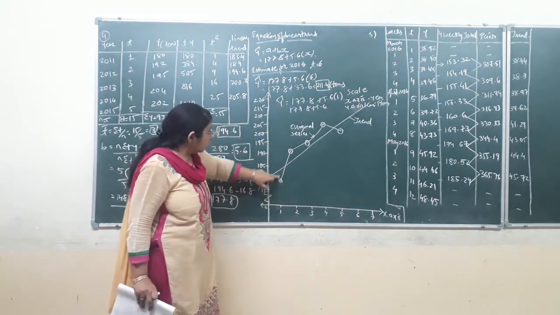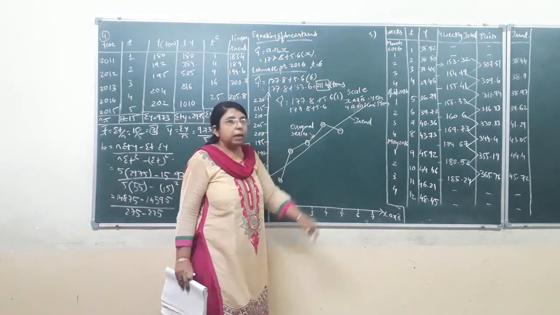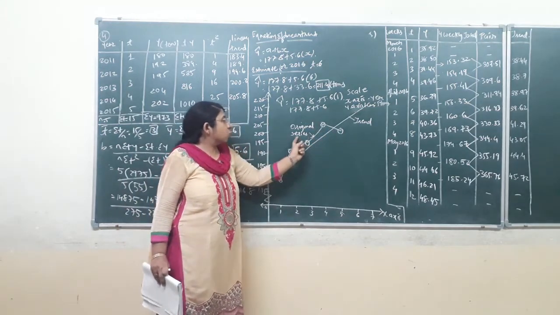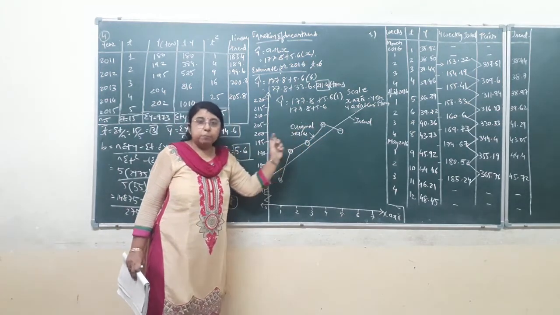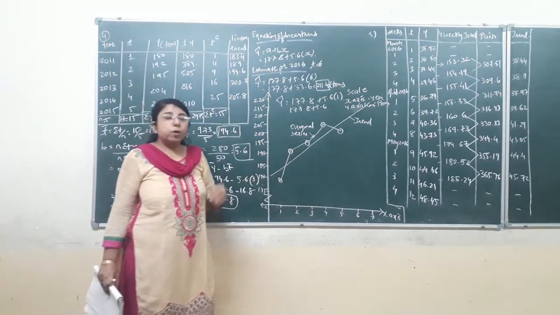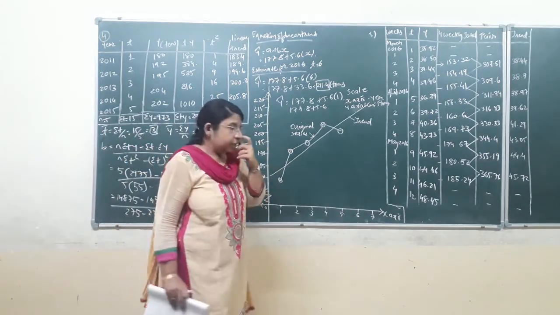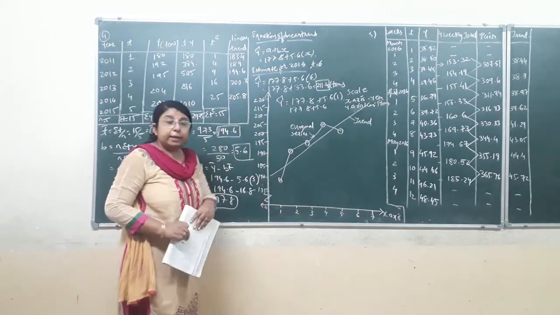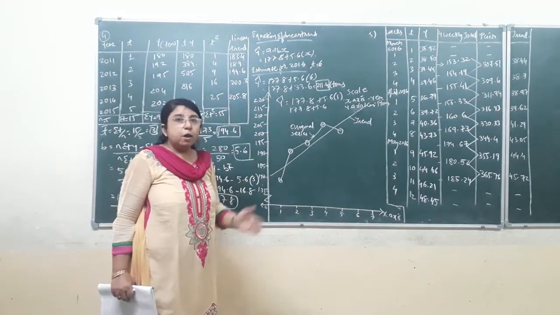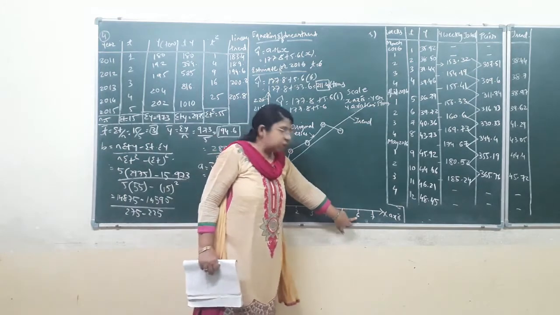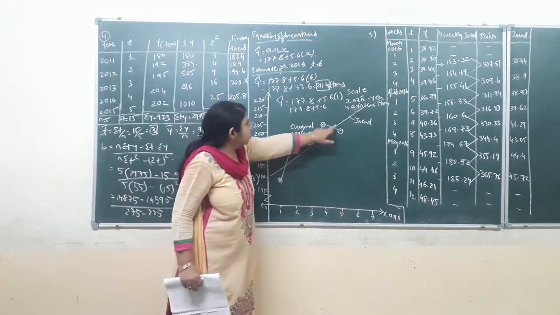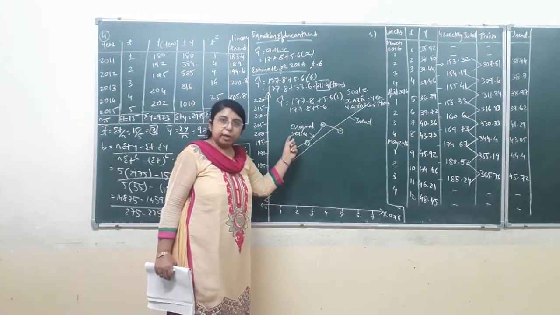In this way you have to join all the points with line segments, and the line segment that I have drawn is called the original time series. From the original time series you have to draw a trend line. From the representation of this 5 years data, we can estimate the value for the year 2016, that is 6. Here you can see I have drawn a trend line passing through 1 or 2 points of the original time series.